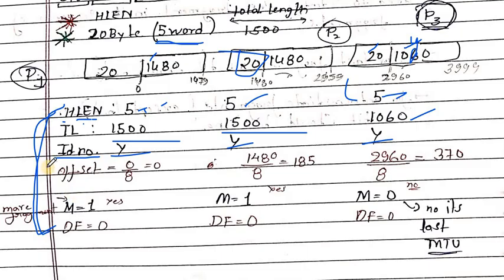Okay, now the main part is the offset. To set the offset, first we take the starting index value of the payload, which is 0. So 0 divided by 8 becomes 0. Now in the second packet the payload starts from 1480.